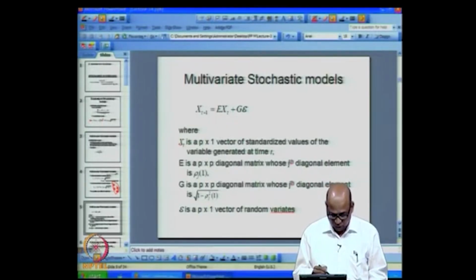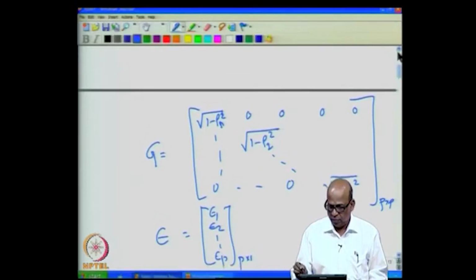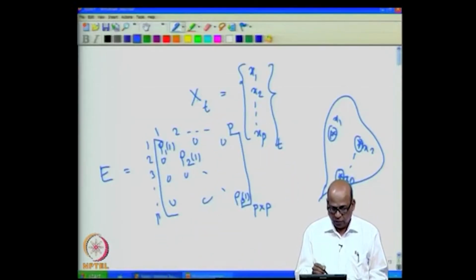What are all known here? You look at all these matrices. X t is a vector of standardized data. This is known because you have at p sites for the time period t the observed data. From the observed data you have standardized, therefore, x t is known. Come to the matrix E. This is at site 1, we are talking about the lag 1 correlation at site 1, that is rho 1 1.